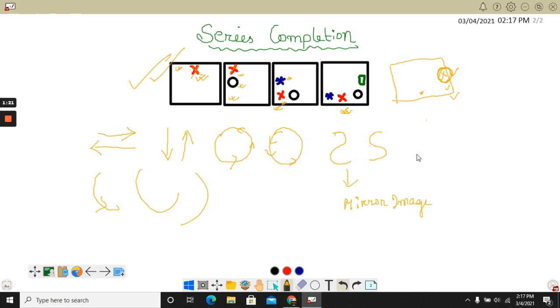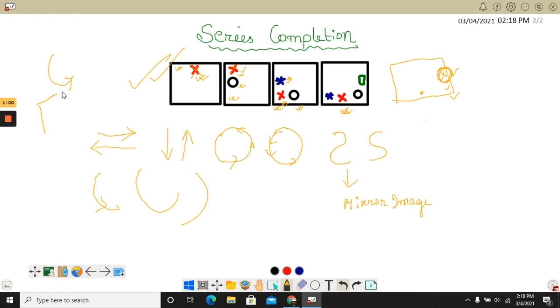Definitely I'm going to show you certain examples also, but as of now, with this example I want to make you clear. So first of all, in this figure it is moving anti-clockwise, and then it is moving one step, and then in the next one it is moving two steps, not here, it has moved here, then one step, that means it will be here.